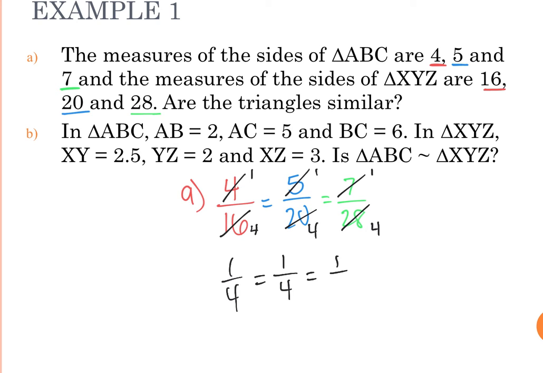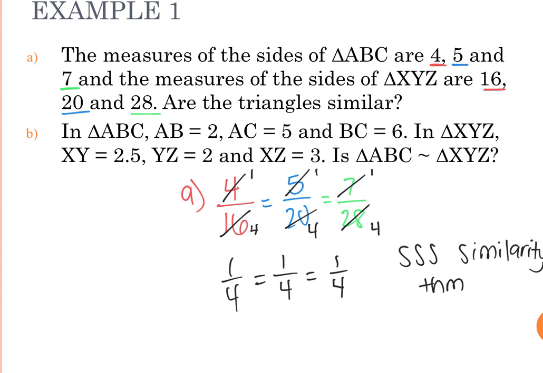So if we can show that all of the proportions are equal, what theorem are we applying? Side, side, side, similarity theorem. Yes. Because side, side, side theorem is different. Okay, that's the congruence theorem.